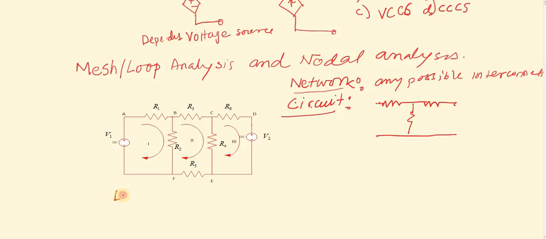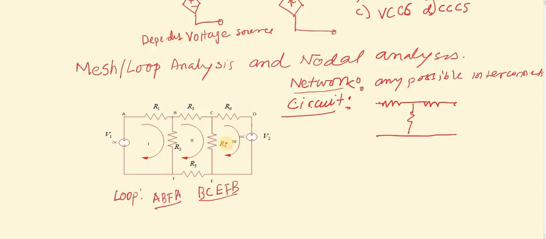So what are the loops? The A, B, F, A is one loop. And B, C, E, F, B is also a loop.